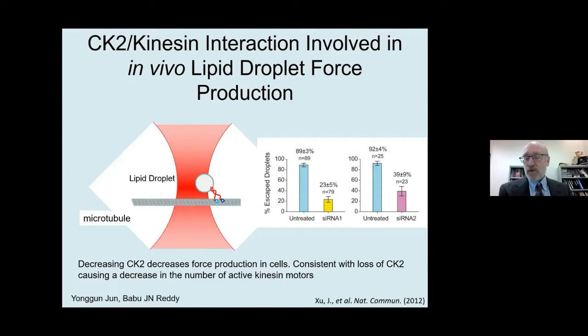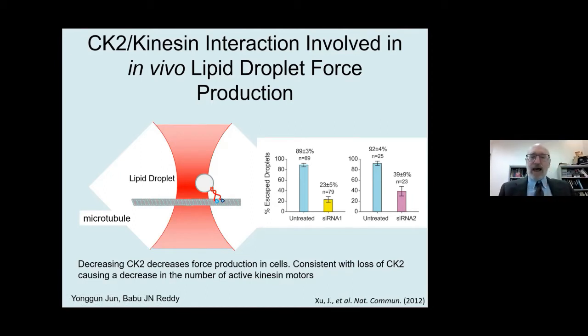Remember that the lipid droplets are moved by more than one motor, so there isn't a dramatic decrease in the motion of individual lipid droplets. You can only tell by measuring the forces, because if they had 4 motors that are active and now they have 2 motors that are active, they're still moving fine. It's just that the forces required to stall them are down.